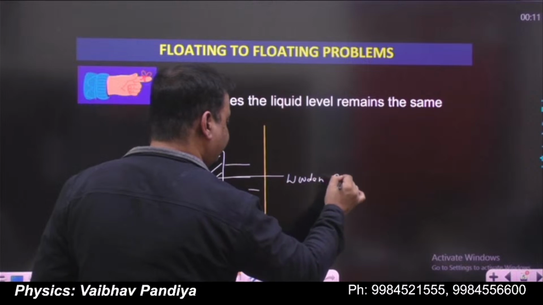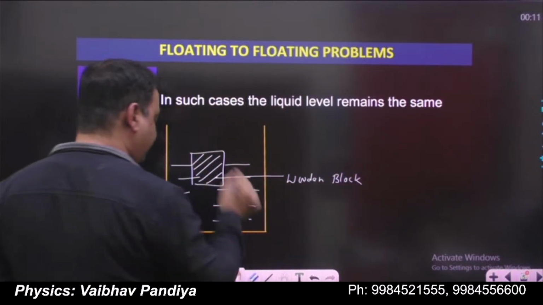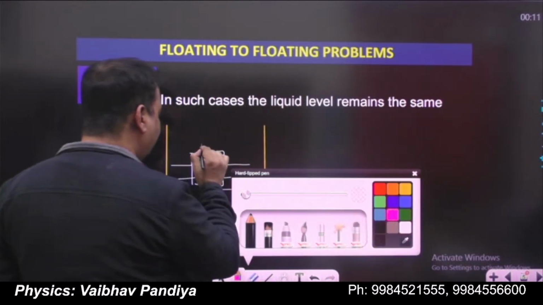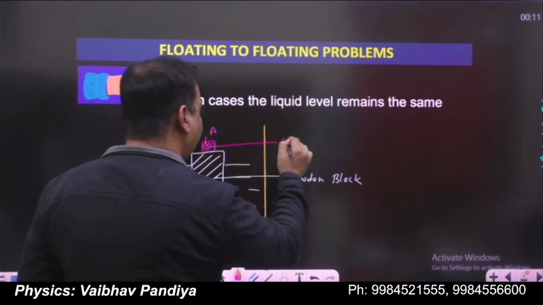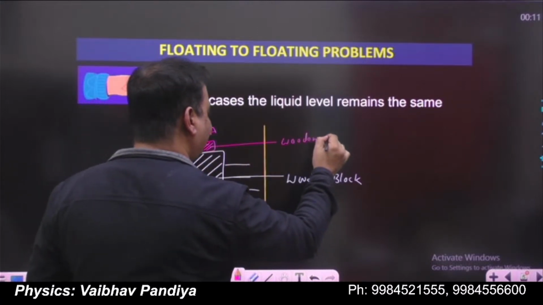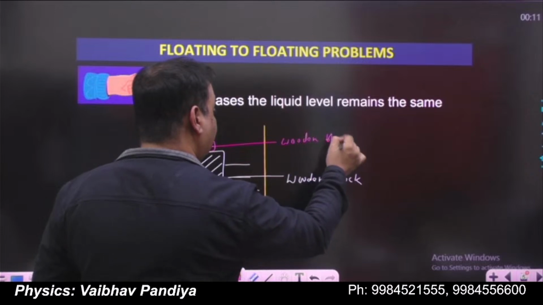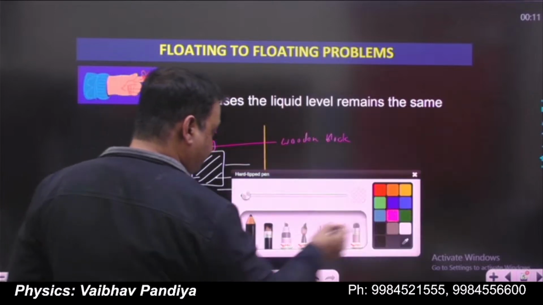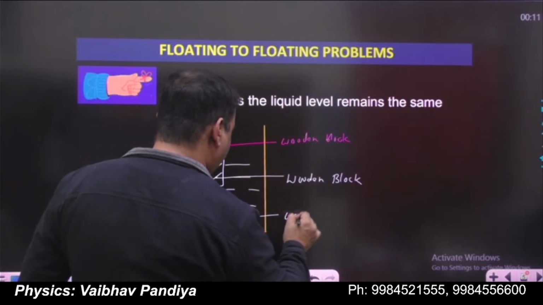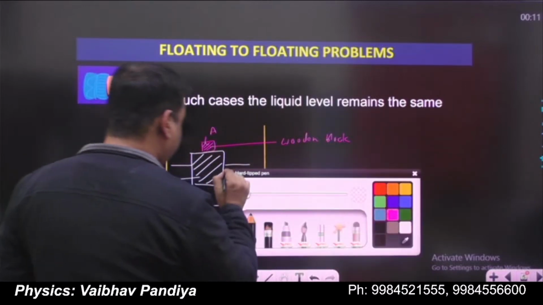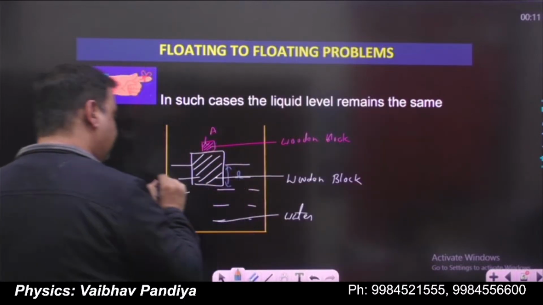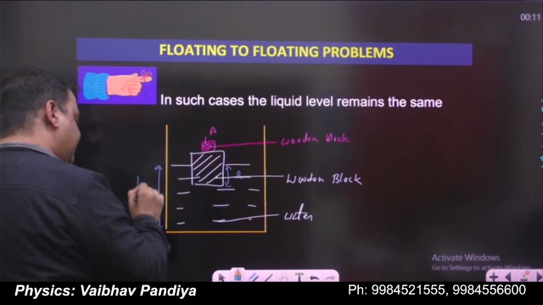Suppose this is a wooden block which is floating, and we have another small wooden block A, and you know the density of wood is less than the density of water, and this is the water, and this level is given to be L, and this level is given to be H.